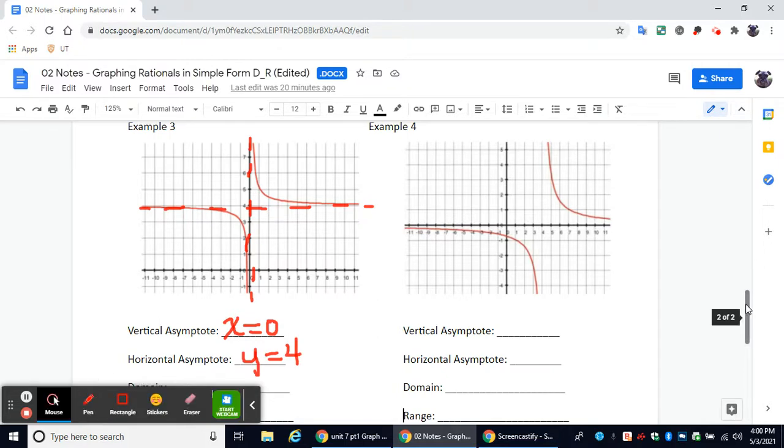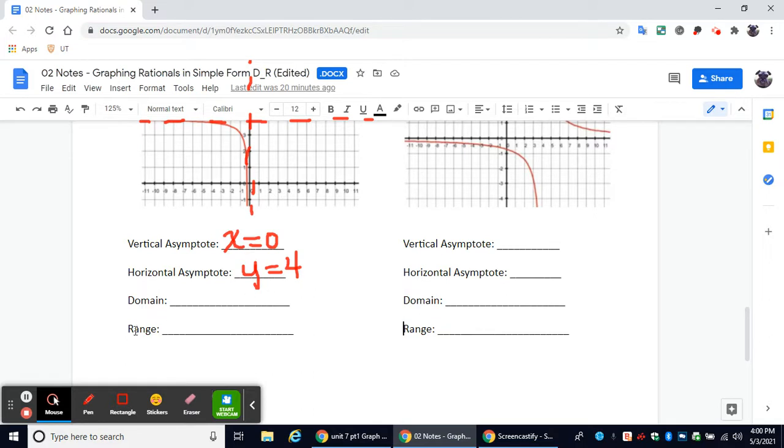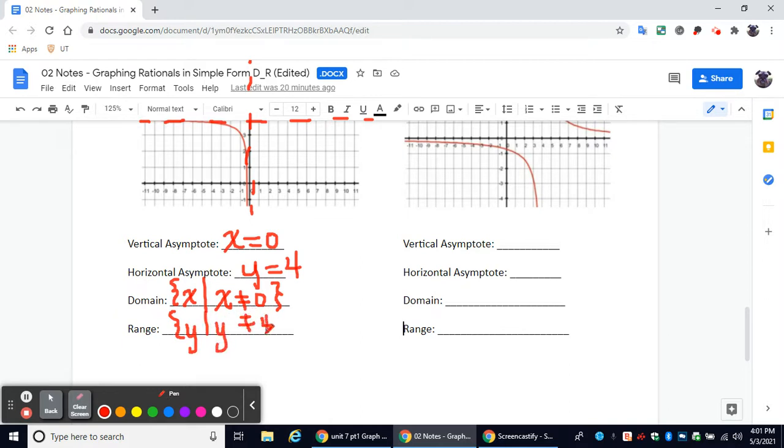So what is that going to do to the domain and the range? Remember, your domain is all real numbers except for the vertical asymptote. So we can say x such that x does not equal 0. And the range is all real numbers except the horizontal asymptote. So y is not equal to 4.